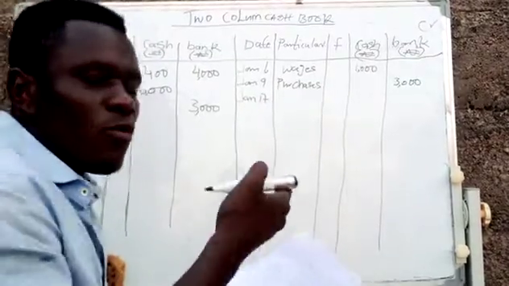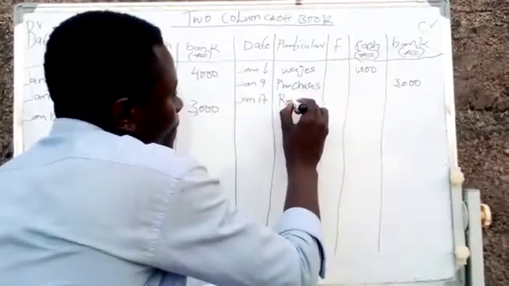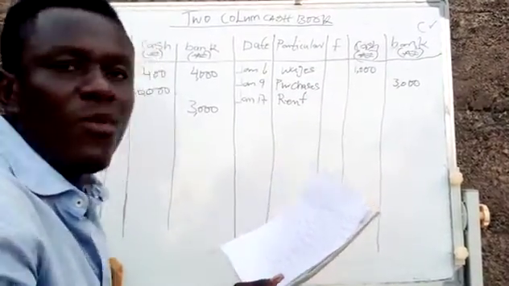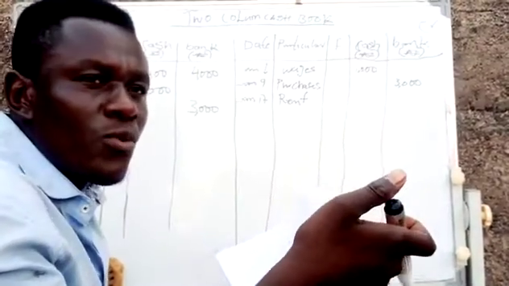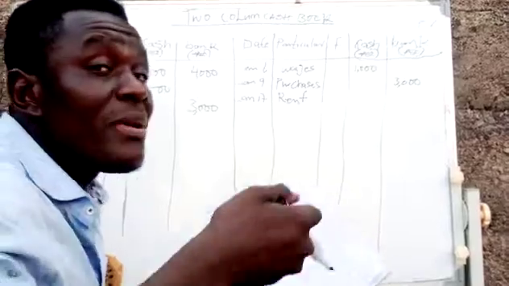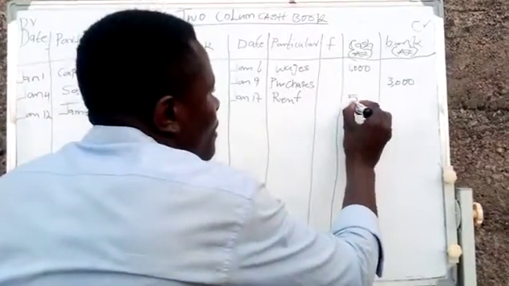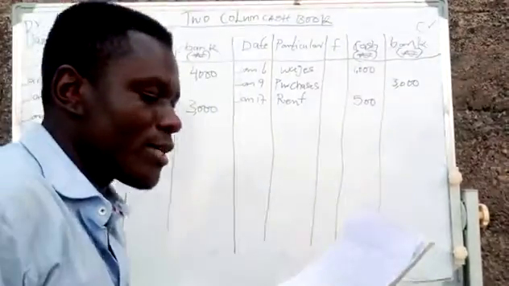Then your particular will be rent, and you paid the rent with cash, 500. Then the 500 is going to be under the cash column, because you paid the rent in cash. Then 500 under the cash column. Then we go to the next question.